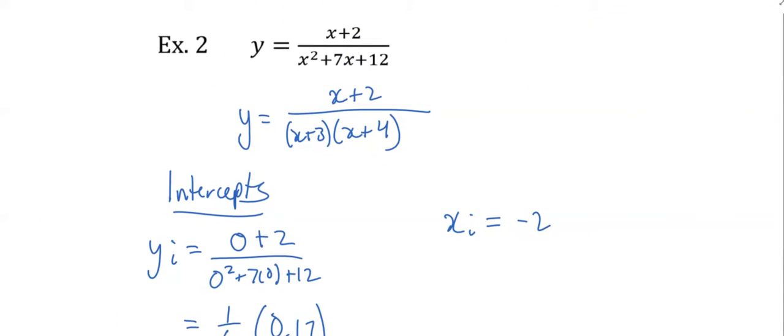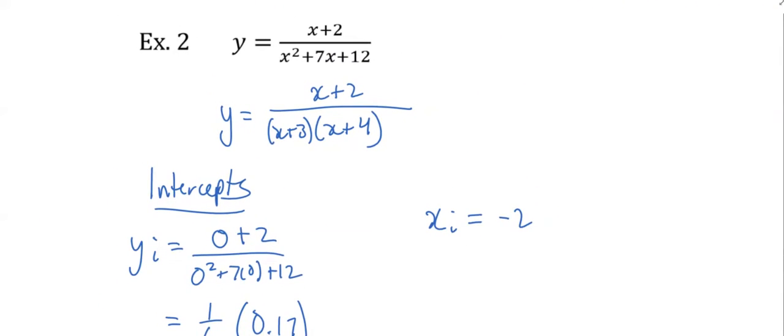Take a look at this factored form. When I put that into there, what's it going to be, negative or positive? Negative. 3 negatives makes a negative.